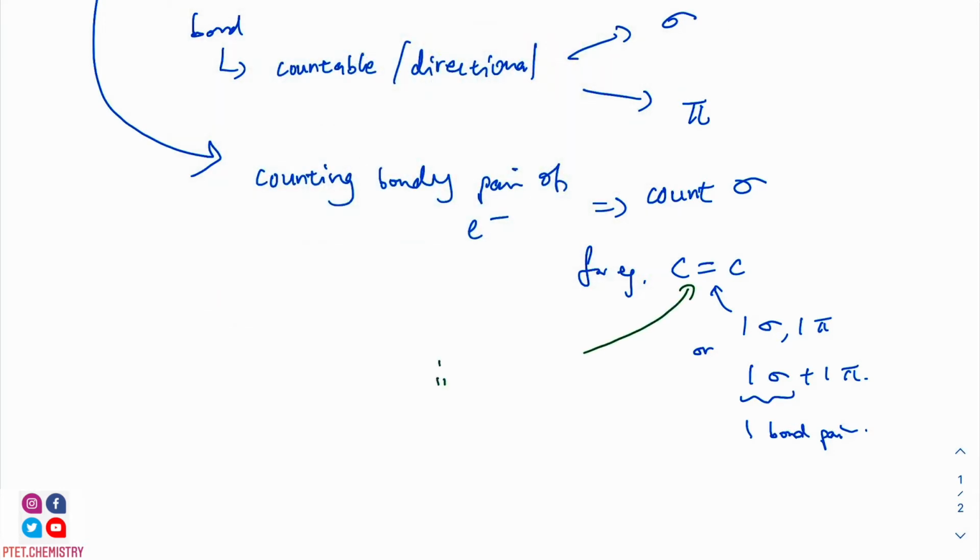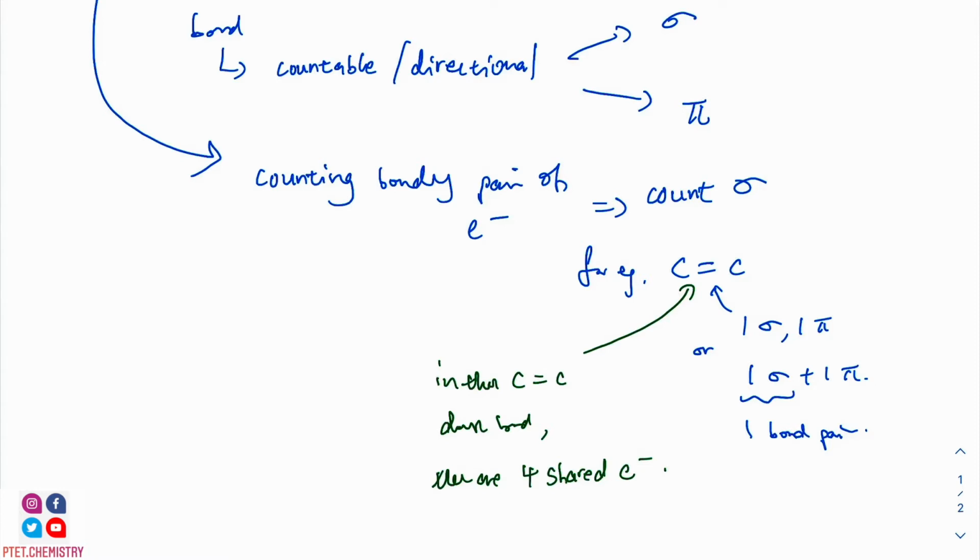In that C=C double bond, there are 4 shared electrons, because one covalent bond is 2 electrons being shared between the 2 carbons. You have 2 covalent bonds, that means 4 electrons being shared in this double bond.